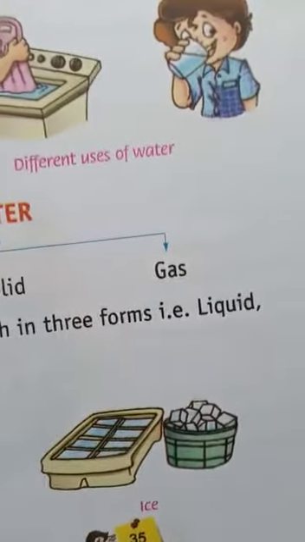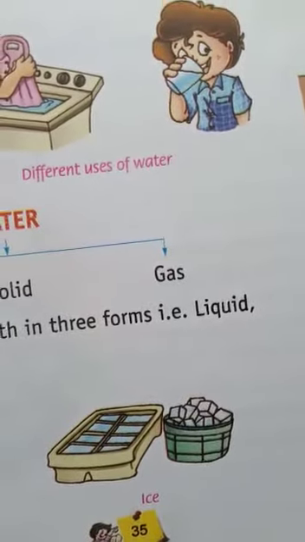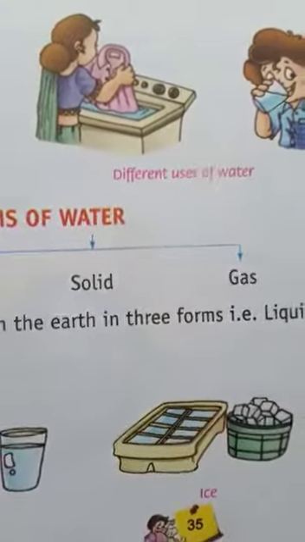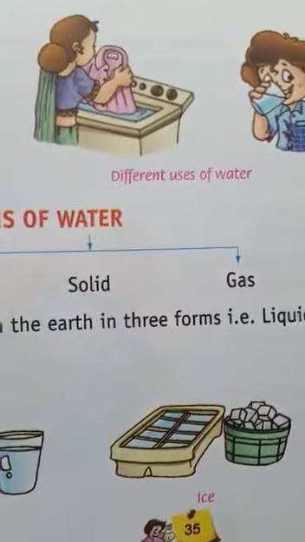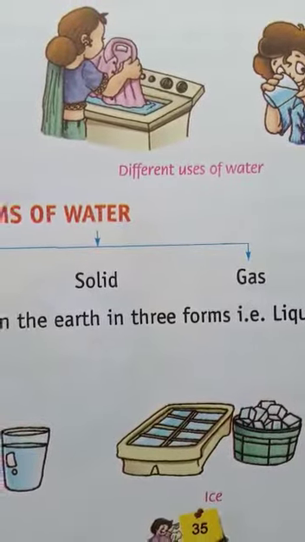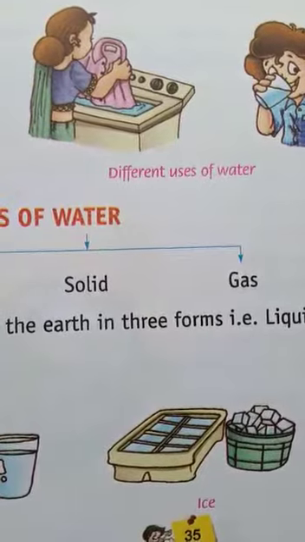Plants and trees also need water to grow. When we plant a small baby plant in the soil, if we don't give water to it each and every day, at least twice in a day, it cannot survive, it will die.